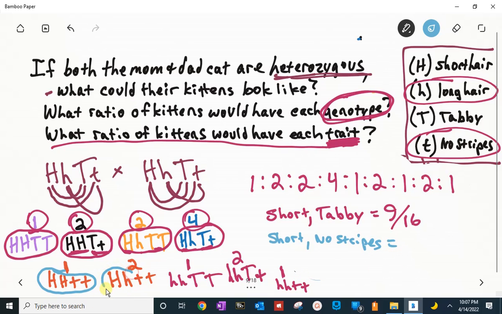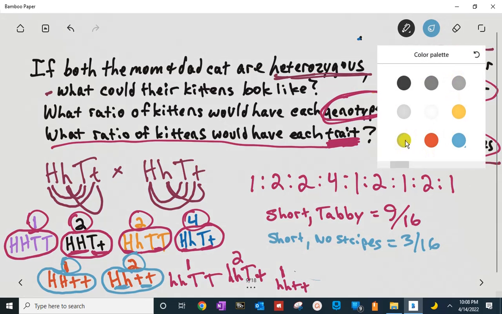There are also going to be 2 kittens with short hair and no stripes with this genotype, and that's it for that phenotype. So 1 plus 2 is 3. There are going to be 3 out of 16 kittens with short hair and no stripes.